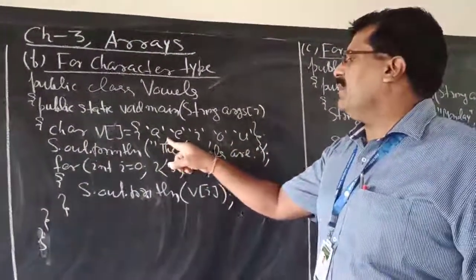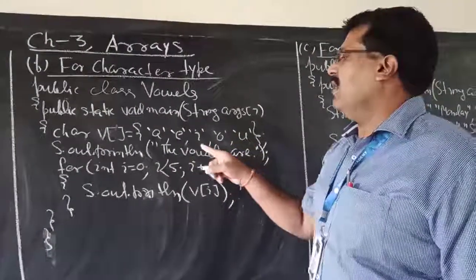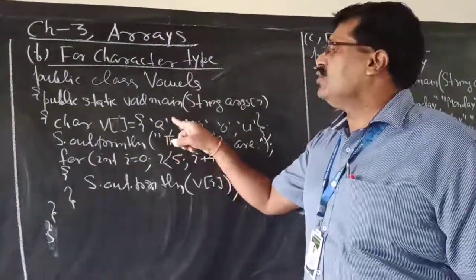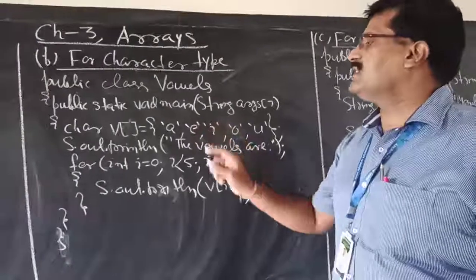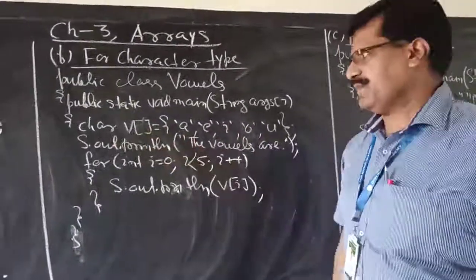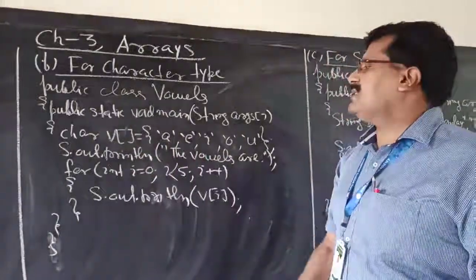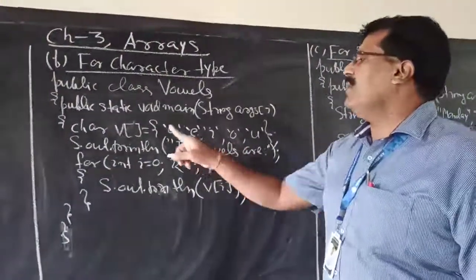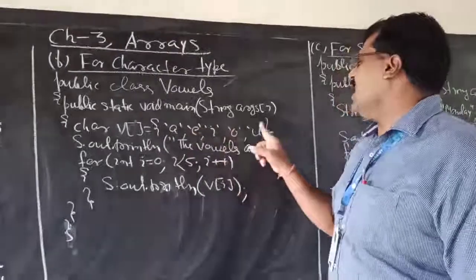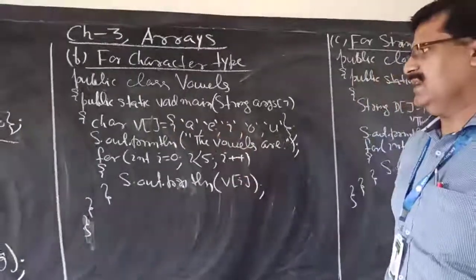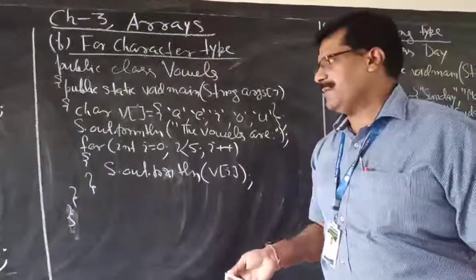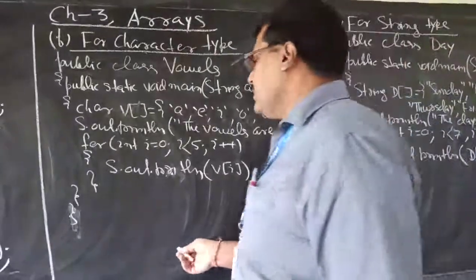All these elements are separated by commas and enclosed within single quotes. Why enclosed in single quotes? Because they are char type. Alright. So a will be at v0 place, e will be v1, i will be v2, o will be v3, and u will be v4 place in the computer's memory.